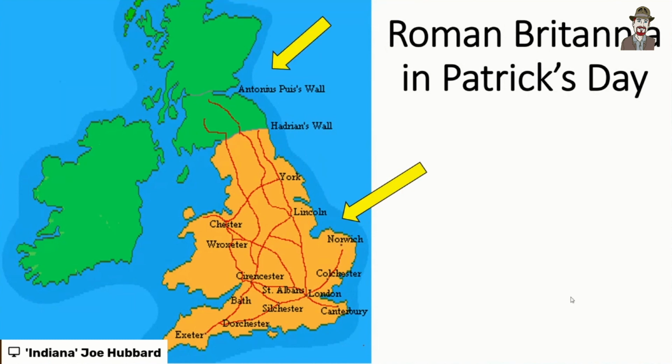Up in the north you've got modern-day Scotland, which is where the Picts lived, the Celtic Picts. And over here you've got modern-day Ireland, which of course is split into Northern and Republic, and that's where the Scots came from. So yes, it's kind of switched around. You've got the Scots living in Ireland, you've got the Picts living in modern-day Scotland. It's slightly mixed up, but this is the picture of what it was like at the time that St. Patrick was alive.